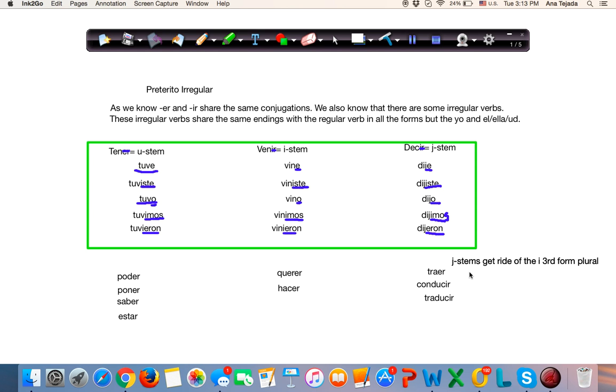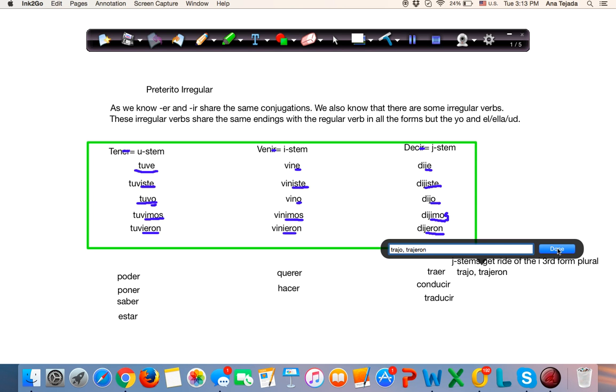Por ejemplo, traer is trajo, the yo form. But the ustedes, ellos, ellas form, meaning the third plural form, is traj. The rule says that after the stem change is gonna come ieron, which is what happened here in the U stem and the I stem. The J is not, so trajeron.